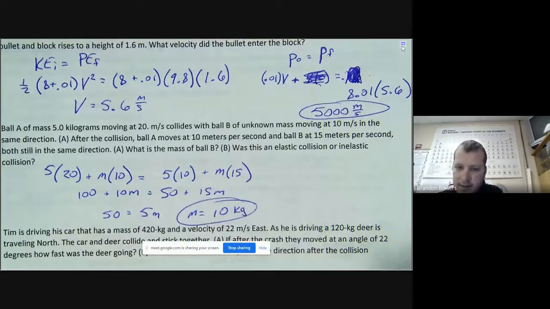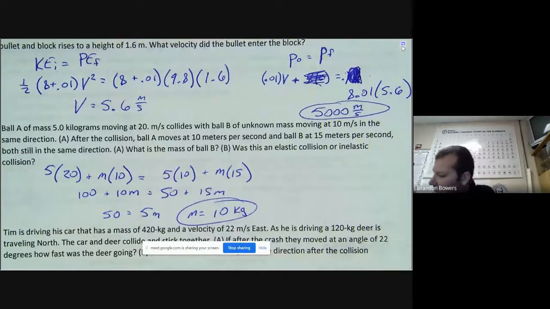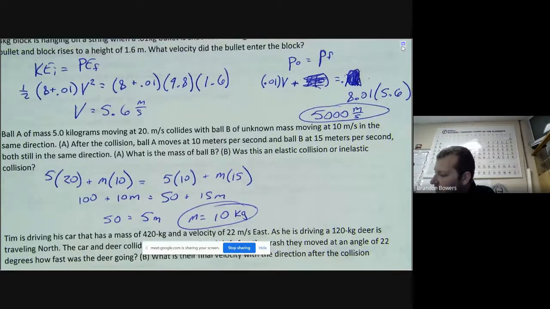Okay. Now, part B says, was this an elastic or inelastic collision? All right, so what we have to do is solve for the kinetic energies of both of these.